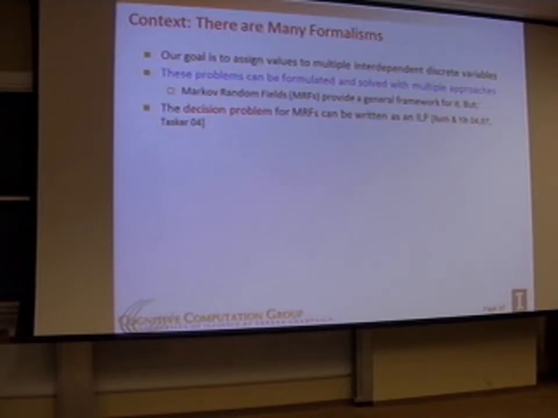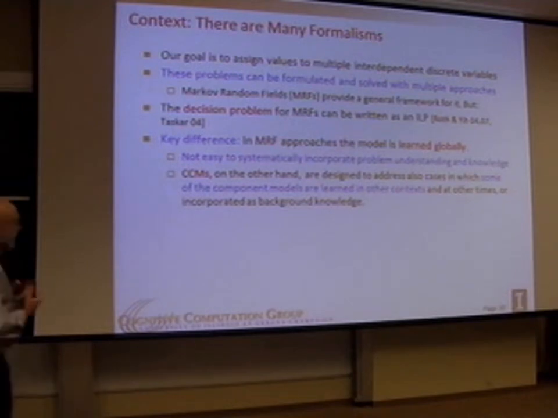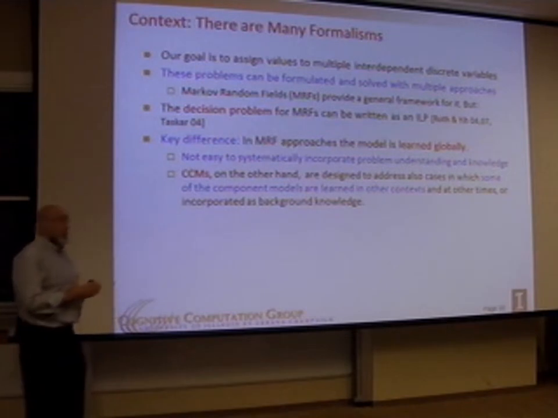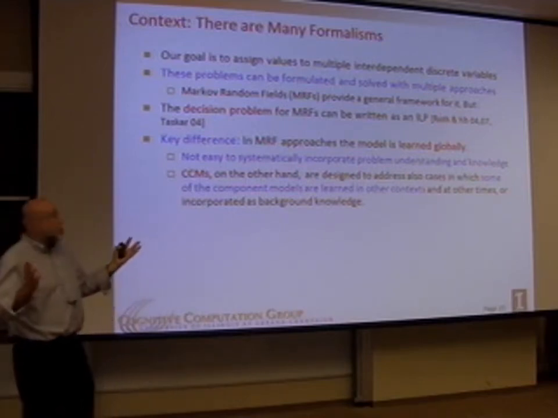And you can think about multiple ways, of course, to do it. I mean, the standard way for people to learn Markov random fields is essentially to do joint learning. And the difference in constrained conditional models is that we want to design it, or we want to emphasize the ability to basically learn component models rather than jointly learn, although you can also jointly learn.